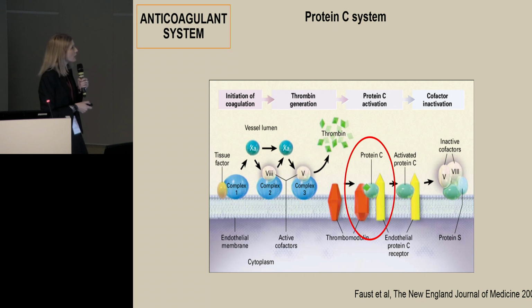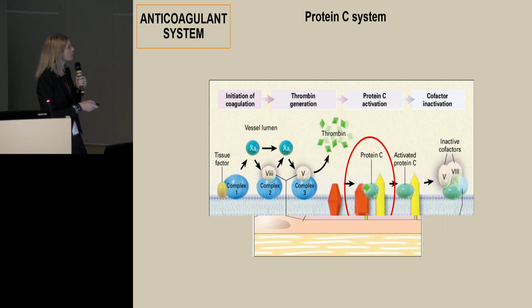And activated protein C, together with protein S, will inactivate factor 5 and factor 8, and in this way will inhibit the propagation phase of coagulation. So this is the anticoagulant effect of the protein C system.